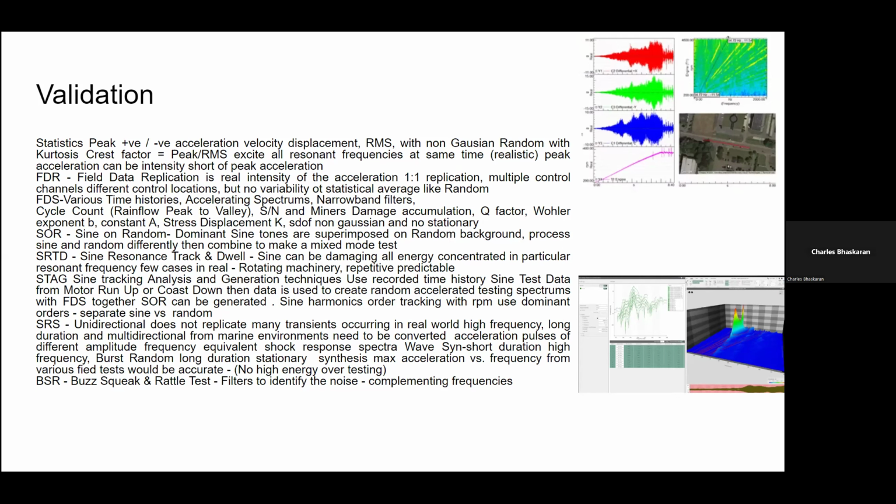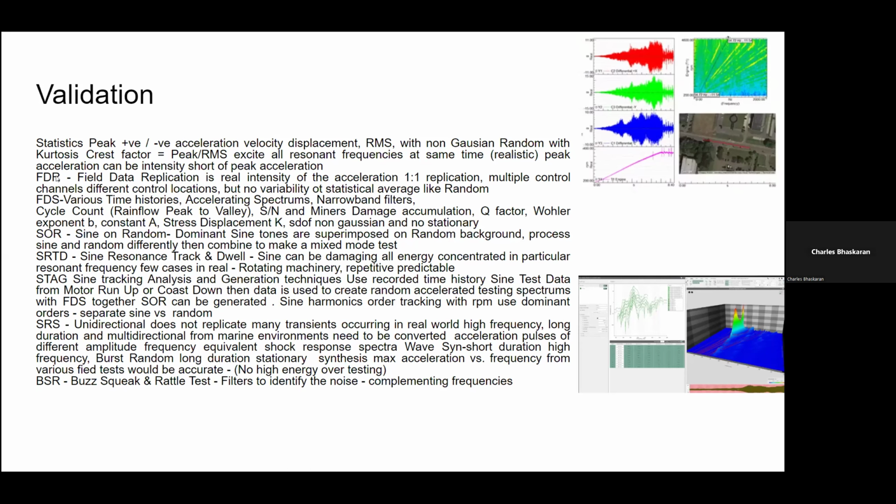There are many things that we look at called kurtosis and crest factor. Basically, crest factor is the peak acceleration to the RMS. So we have to excite all these resonant frequencies and be more realistic, right? That is why we look at all of these peak accelerations and intensity. How intense is the shock? Those kinds of things.